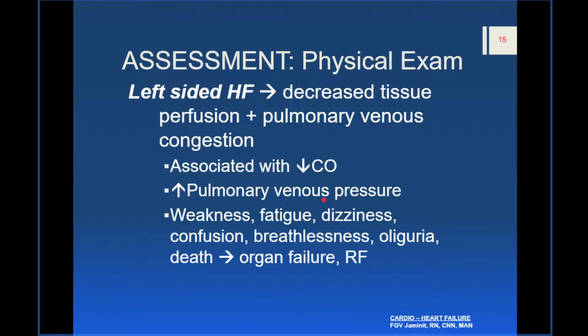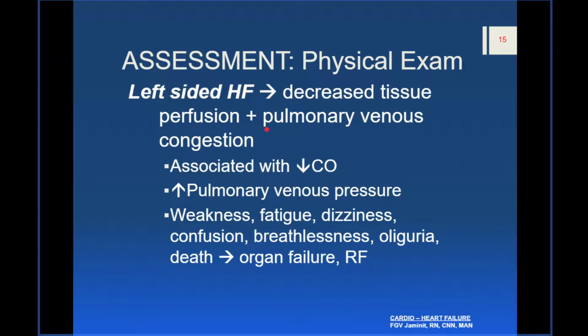Okay, with regard to the physical examination, let's go with left side heart failure. O left side muna, yung may lung affectation, no? So expect natin that assessments would be more on lung affectation. So for the physical exam, you expect that there can be decrease in the tissue perfusion and pulmonary venous congestion.